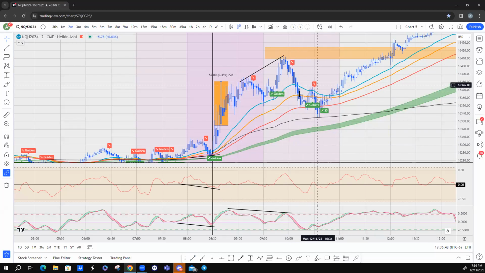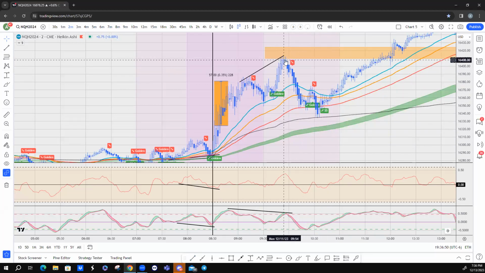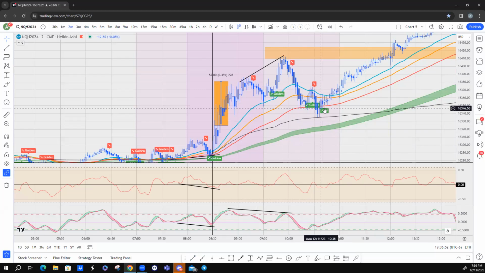All right. So what do we have here? This is a really nice pullback. You got a nice slingshot trade right here too. And even though this golden signal right here is pointing up, this is because of the sensitivity. Sometimes what I'll do is a split screen, and I'll have maybe even a 3 minute or 4 minute chart.